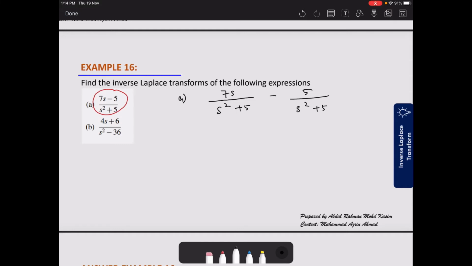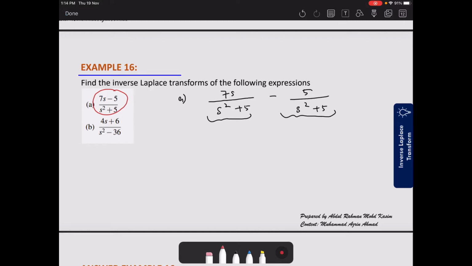As I told you previously, the most important part here is you need to refer to the table and choose which row will determine this function and also this one.